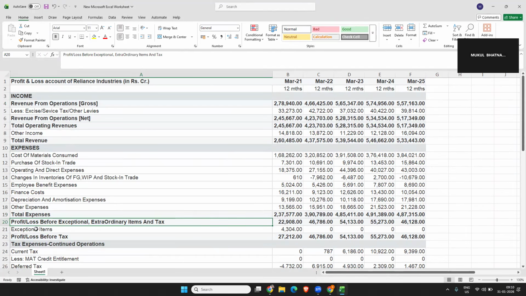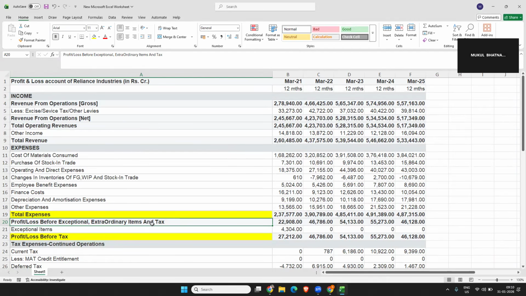So this is profit and loss before tax. Let me highlight it so that you know where exactly I am. Profit and loss before tax is given to you. Then total expense is given to you. Then also profit and loss before exceptional and extraordinary item and tax.